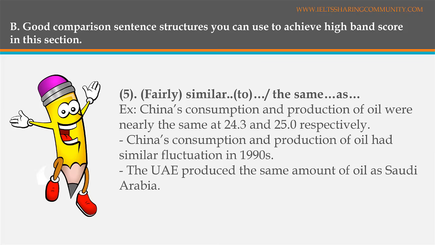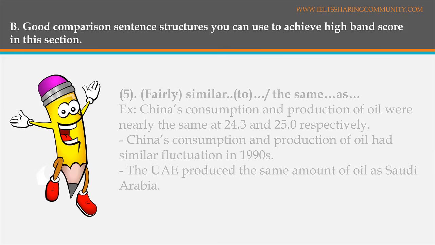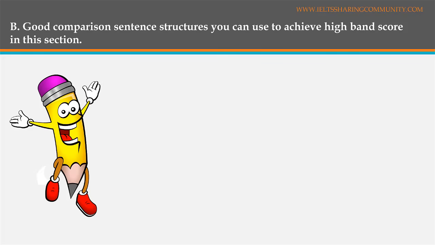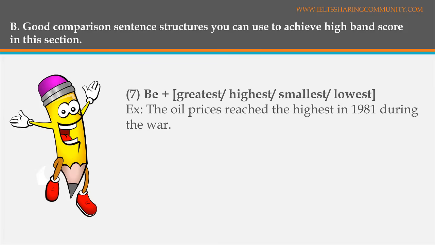China's consumption and production of oil had similar fluctuations in the 1990s. The UAE produced the same amount of oil as Saudi Arabia. The number of male doctors in this city was greater than the number of female doctors. Oil prices reached the highest in 1981 during the war.